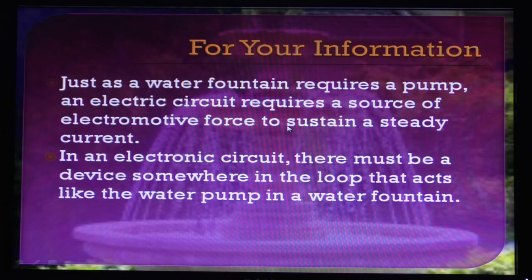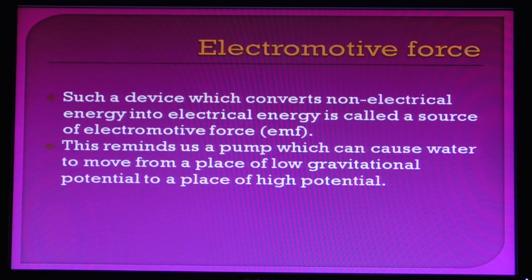And how is energy provided to the electric circuit? From a source. And that source, the battery, is known as electromotive force. Electromotive force is basically an energy which is provided to charges to move within the circuit. In an electronic circuit, there must be a device somewhere in the loop that acts like the water pump in a water fountain.